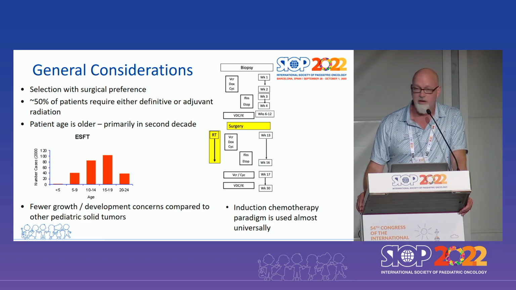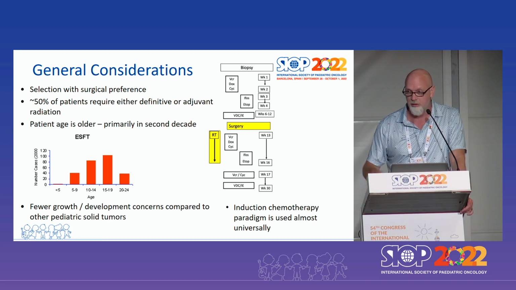The patient population for Ewing sarcoma is older than what we see in rhabdomyosarcoma or Wilms tumor or other soft tissue diseases, and so age is a helpful friend for radiation oncologists. We seem to have fewer growth and developmental problems in patients that are radiated, and this gives us the opportunity to consider higher doses that we'll talk about.